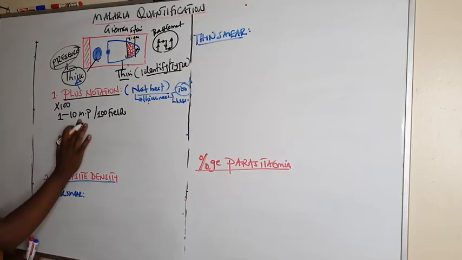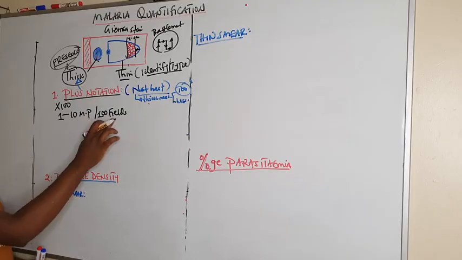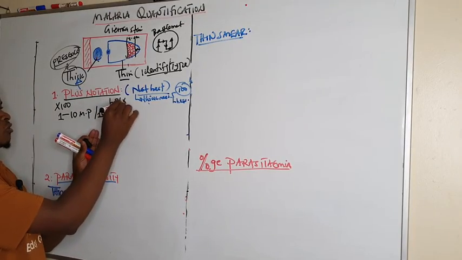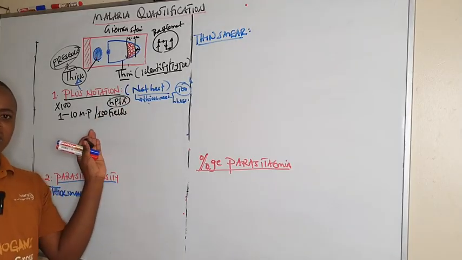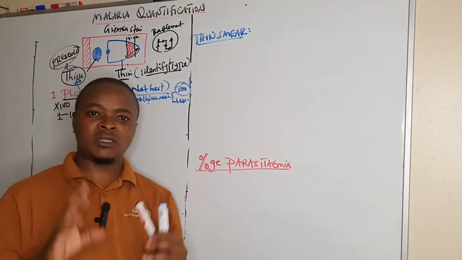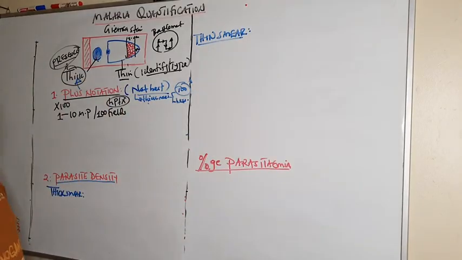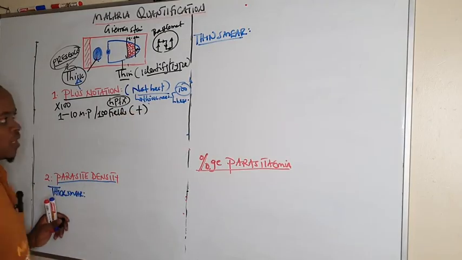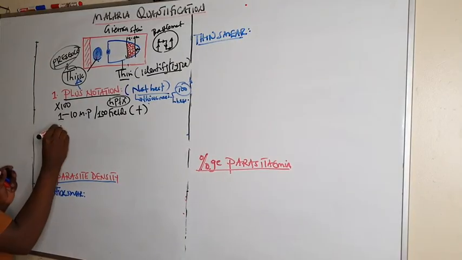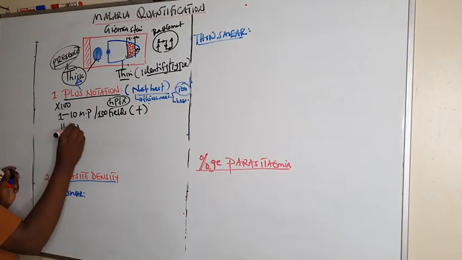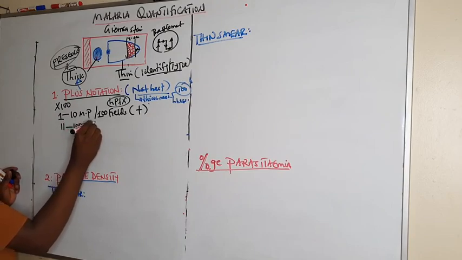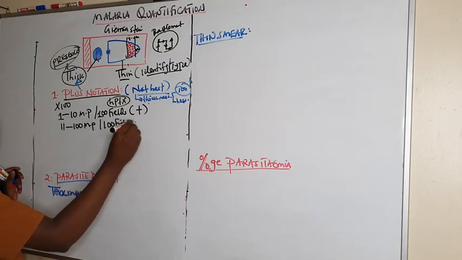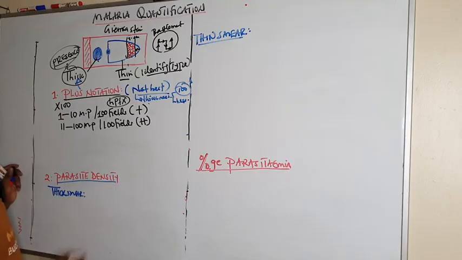If you see 1 to 10 malaria parasites per 100 fields, here we don't say high power field, because times 100 is not a high power field, so it is better to say per 100 fields. This implies a +1. Then if you get between 11 to 100 malaria parasites per 100 fields, it is a +2.